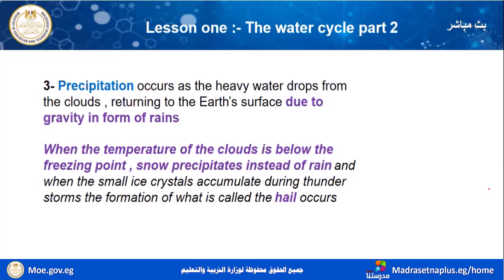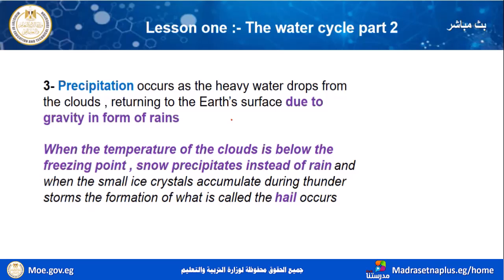So precipitation occurs as the heavy water drops from the clouds return to the Earth's surface due to gravity in the form of rain. When the temperature of clouds is below the freezing point, in cold countries, for example Canada or Russia, the temperature is below 0.